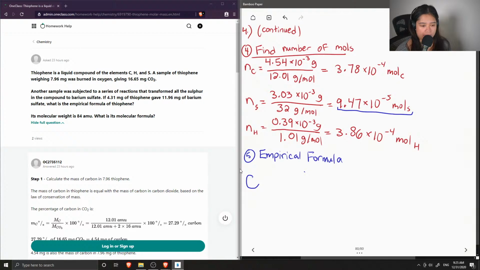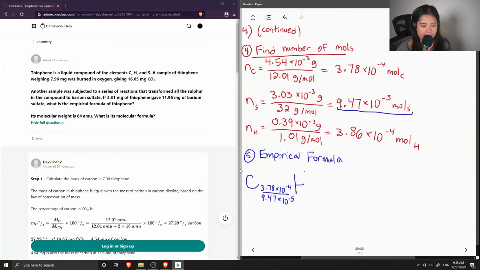So for carbon, it is 3.78 times 10 to the negative 4 divided by 9.47 times 10 to the negative 5.